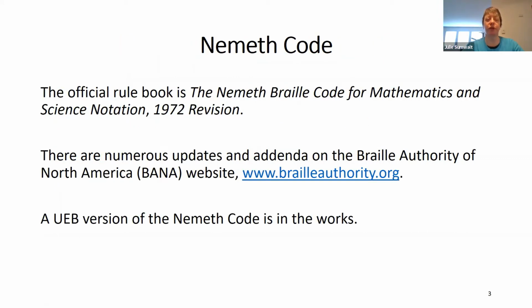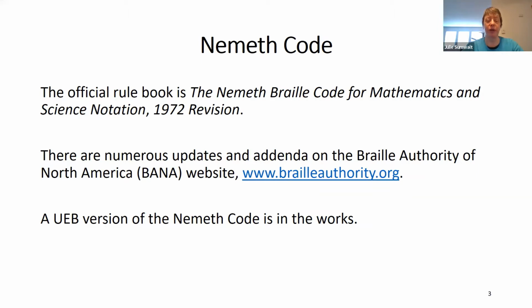The official rulebook for Nemeth is the Nemeth Braille Code for Mathematics and Science Notation, 1972 revision. There are numerous updates and addenda, of course, since then, and you can find those on the Braille Authority of North America, or BANA, website, which is brailleauthority.org.